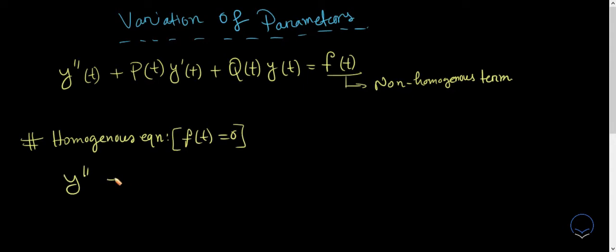So the equation will now reduce down to this. Note that I am not writing the t explicitly now, because it is well understood from this line that they are functions of t. So the homogeneous equation will look something like this.